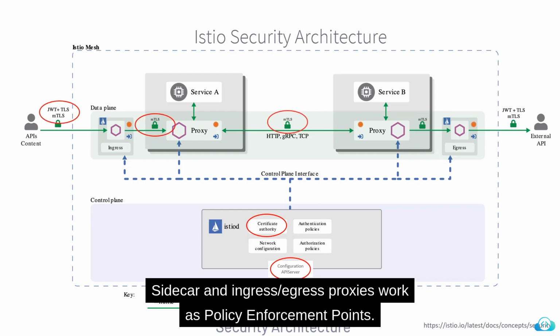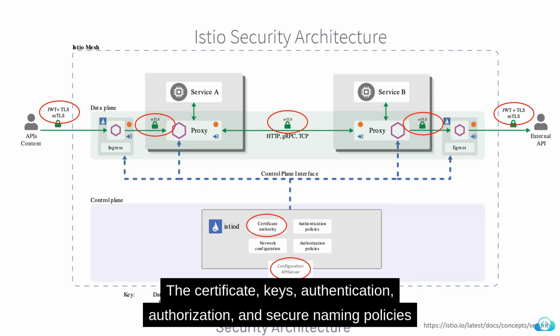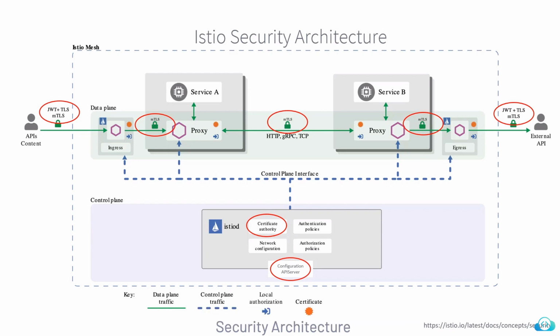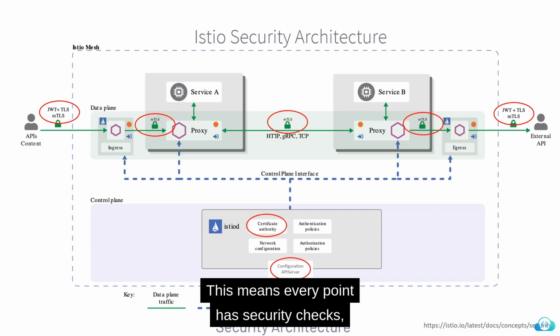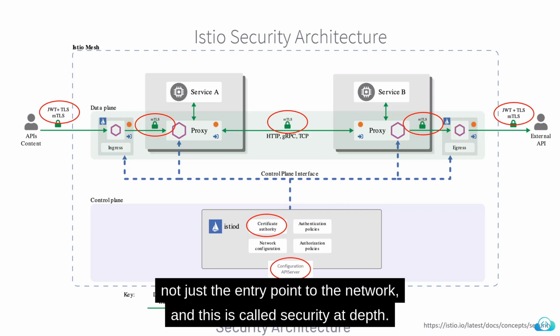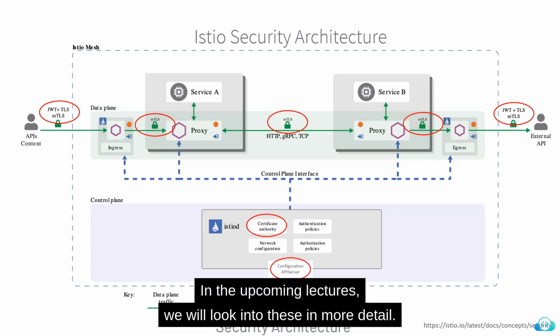Sidecar and ingress-egress proxies work as policy enforcement points. The certificates, keys, authentication, authorization, and secure naming policies are sent to these proxies at all times. So, this means every point has security checks, not just the entry points to the network. And this is called security in depth. In the upcoming lectures, we will look into these in more detail.